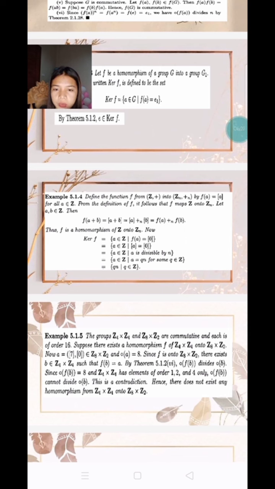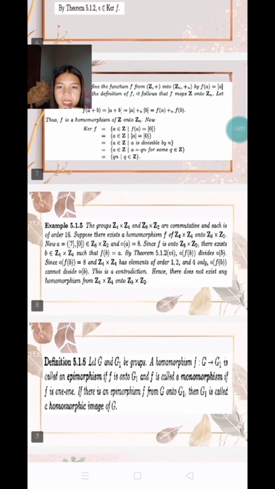Example 5.1.5. The groups Z sub 4 plus Z sub 4 and Z sub 8 plus Z sub 2 are commutative and each is of order 16. Suppose there exists a homomorphism f of Z sub 4 cross Z sub 4 onto Z sub 8 cross Z sub 2.